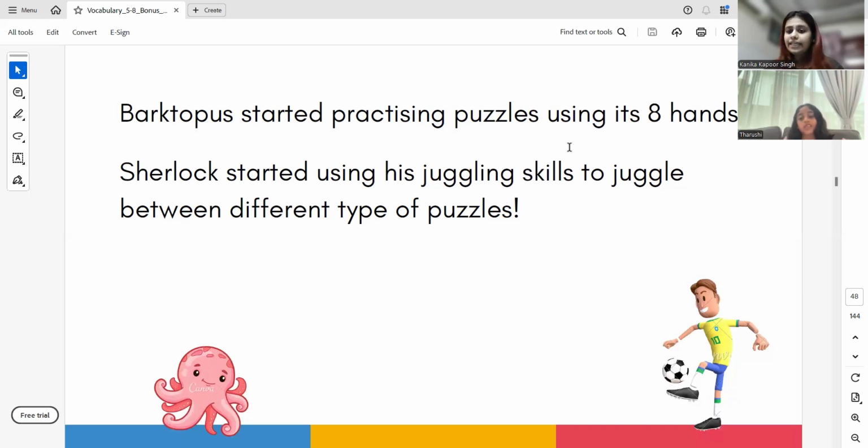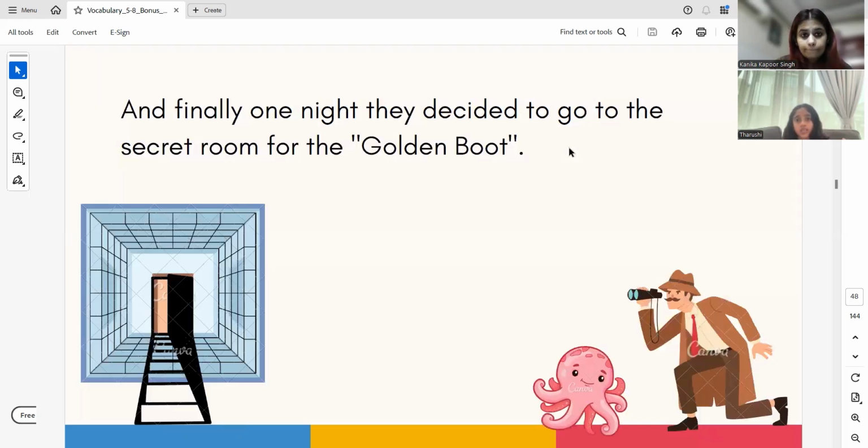Yes. So I think that Tharushi would like to know further also. So finally, one night, they decided to go to the secret room for the golden boot. So there was a golden boot in the secret room. And they decided to go at what time? Day or night?